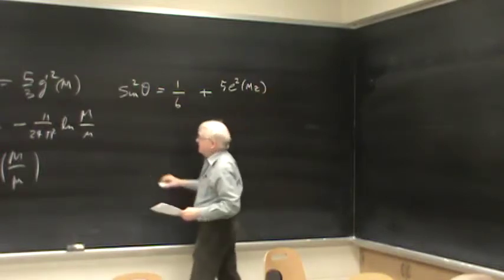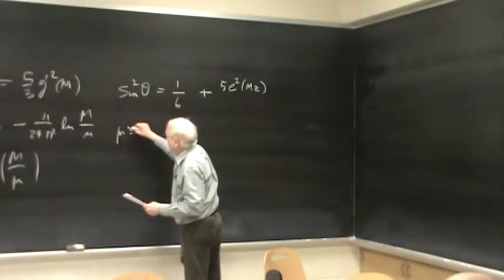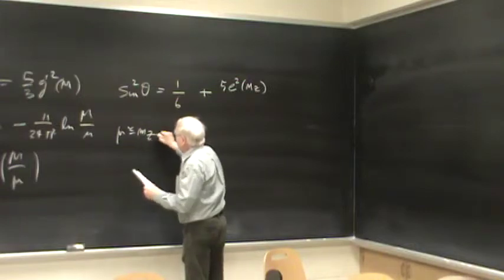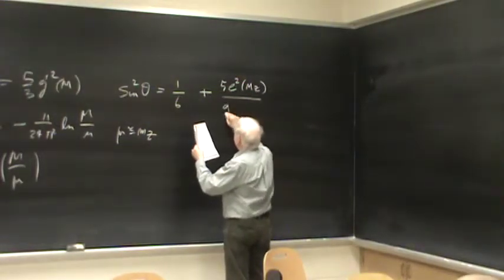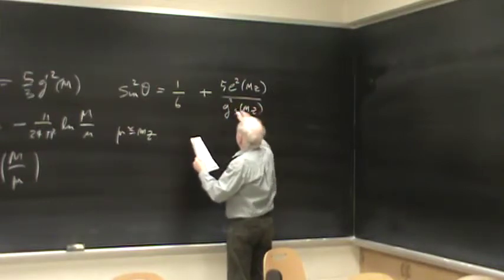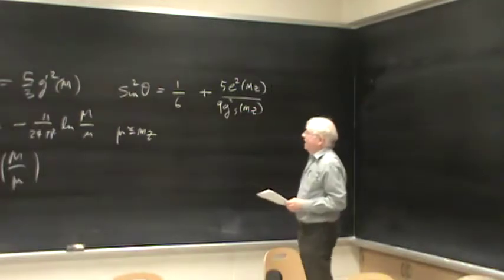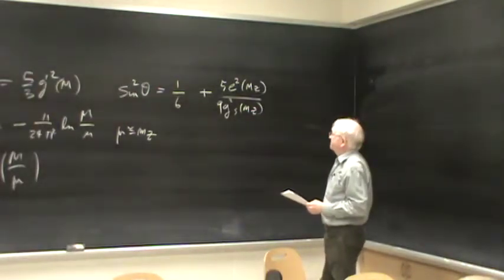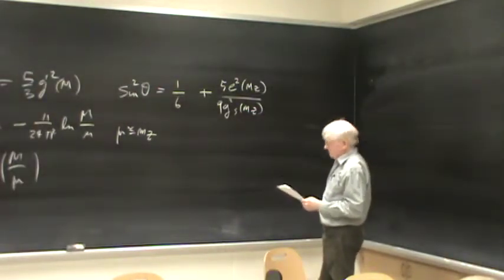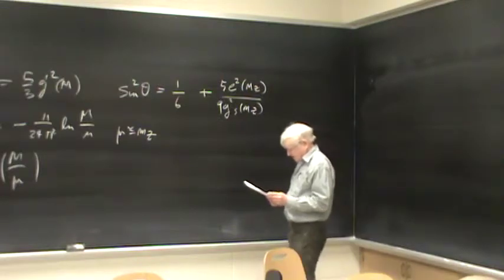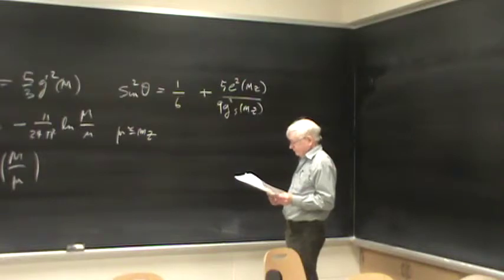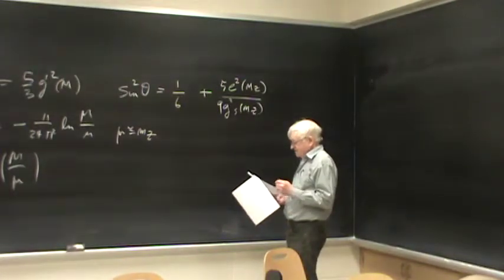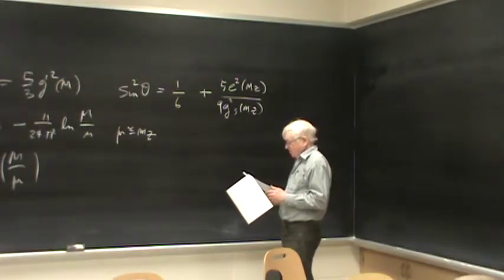In other words, we're setting mu equal to the mass of the Z. Okay, now this is something that's much more realistic. And so this is something plausible.